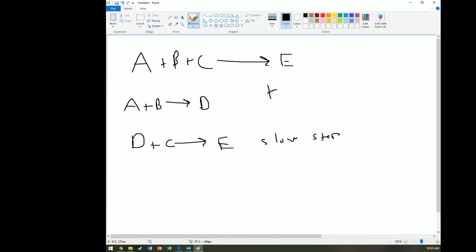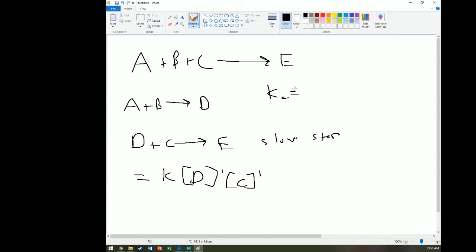We know that Kc equals... let's actually first write out the differential rate law for this elementary step. We know that it is equal to k times D times C, each to the order of 1.